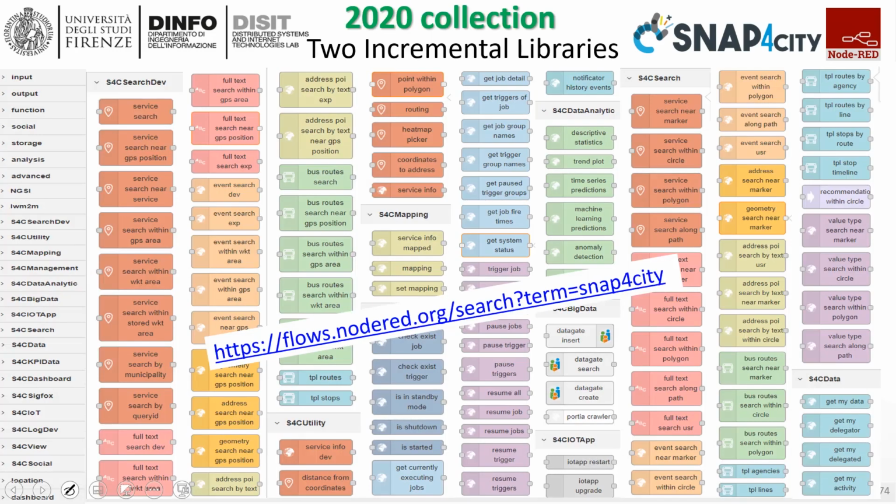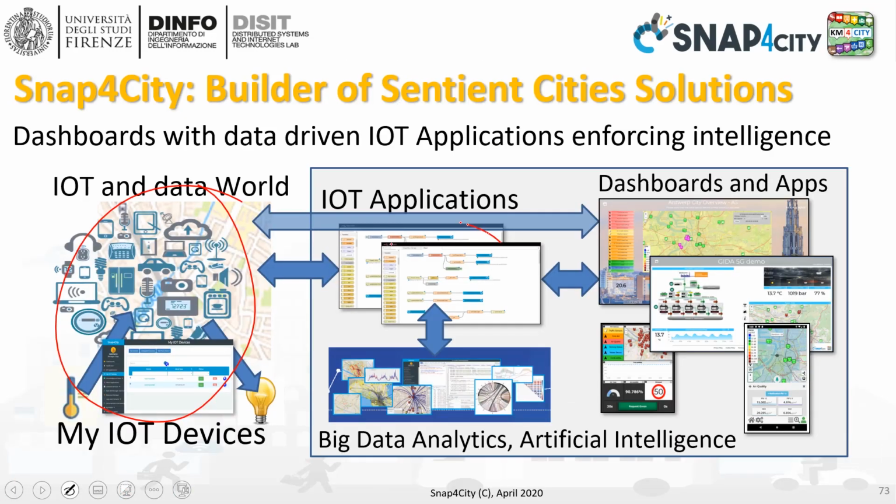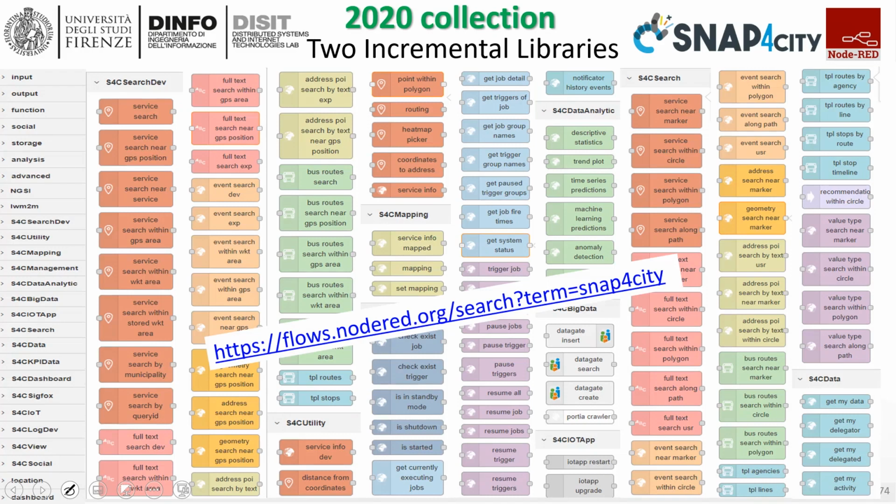So if you develop the IoT application, you can exploit a large number of nodes and functionalities that allow you to code visually, so to program visually all the workflow and data transformation, to put any kind of intelligence you may like to have behind your dashboard.